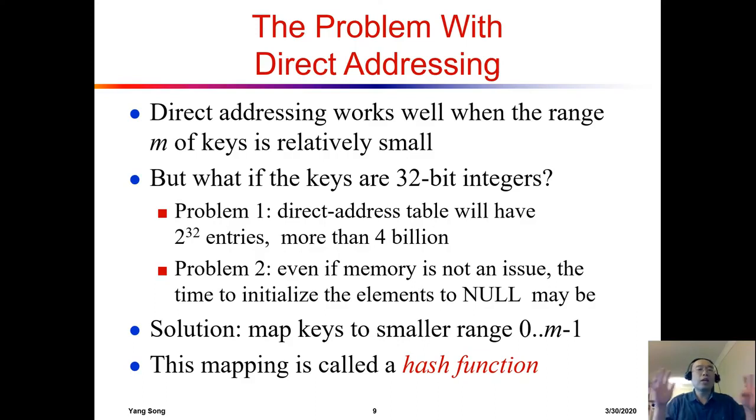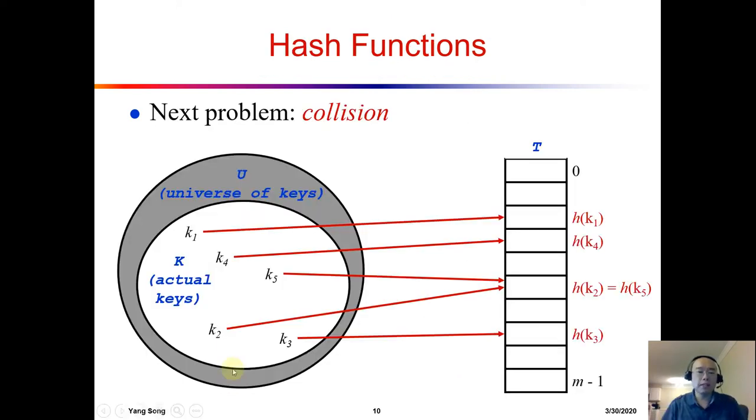The solution is, even though we can have a big variety of possible keys, and the range of the keys can be really large, we want to make m small enough. Even though the universe of keys could be very large, when we are creating a table from 0 to m minus 1, the table size m should be much smaller than the possible range of the keys. And this is the hash function.